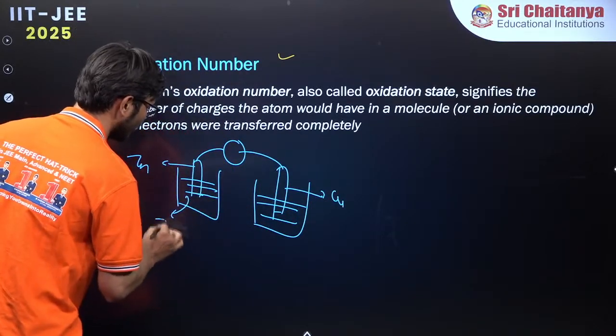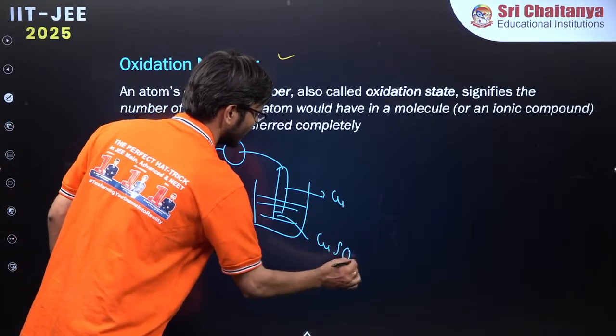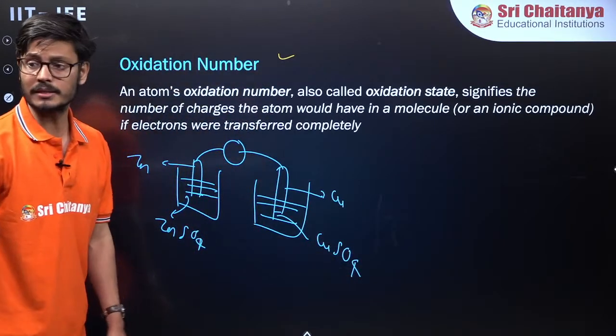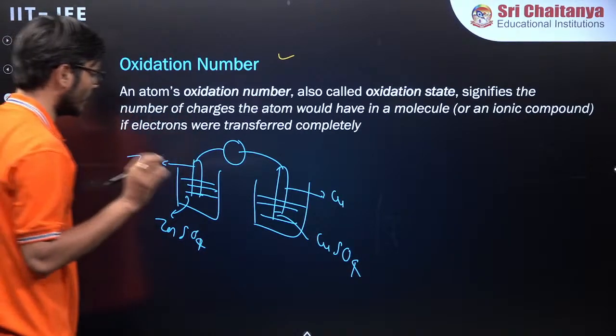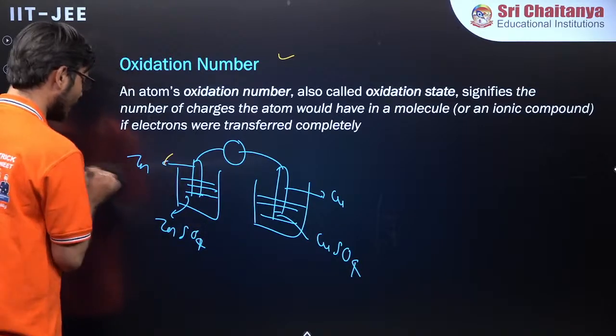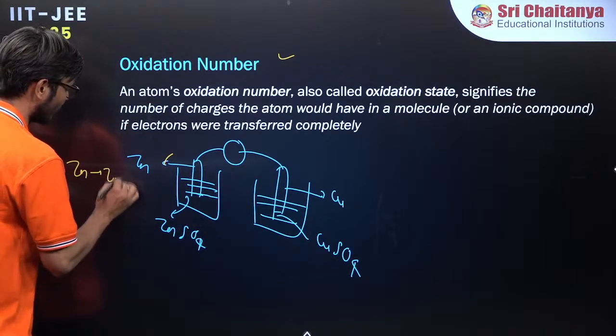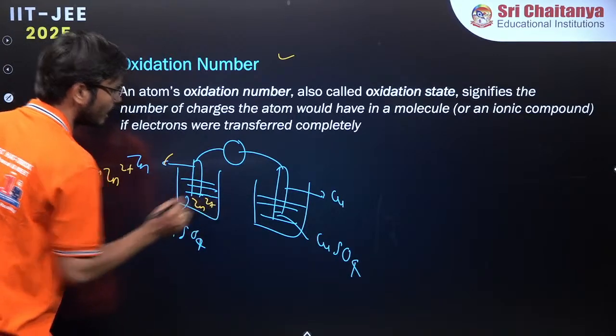Dipped in ZnSO4 solution and copper dipped in copper sulfate solution. In this one, zinc loses electron and becomes Zn2+, which will come to the solution.